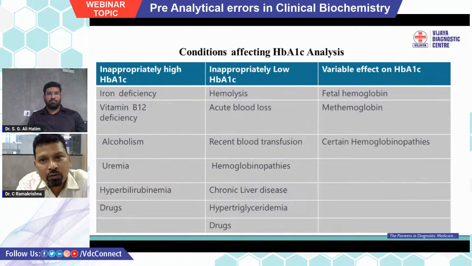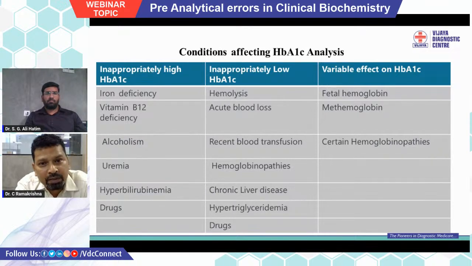So next, coming to the HbA1c analysis. HbA1c, all of you know, is used for the glucose levels in the past 4 to 6 weeks. Inappropriately high HbA1c levels are seen in iron deficiency, vitamin B12 deficiency, alcoholism, uremia, hyperbilirubinemia, and drugs.